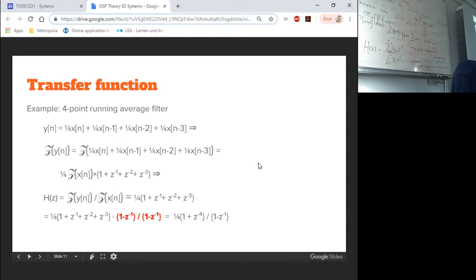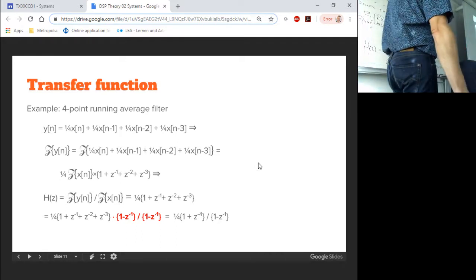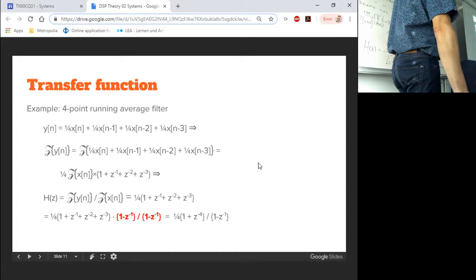What we have, I think I have a mistake in here. Yeah, that should be minus z to the minus 4. Yeah, that has a mistake on it. But anyways, they still match the idea.